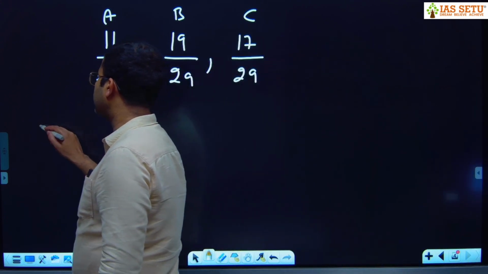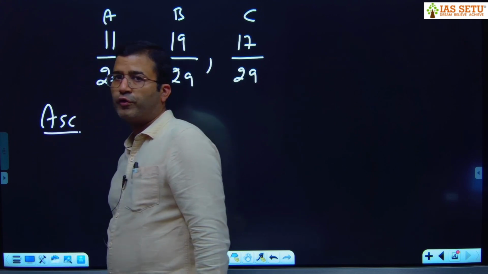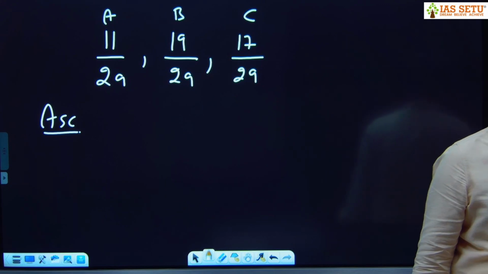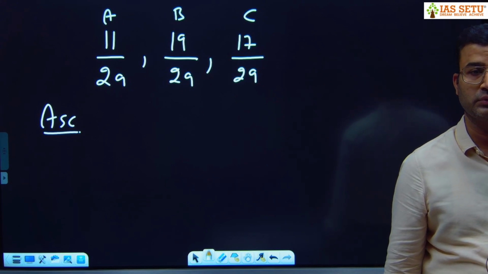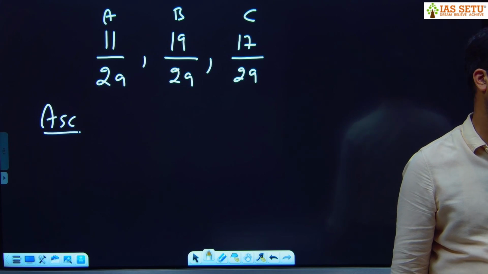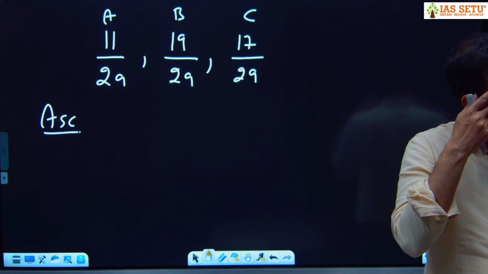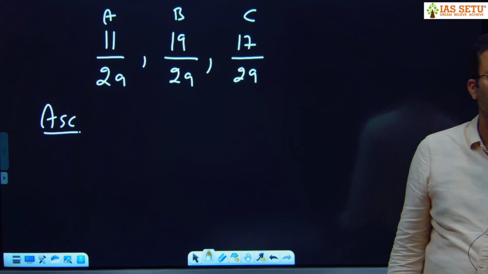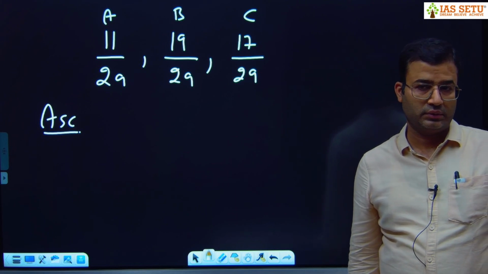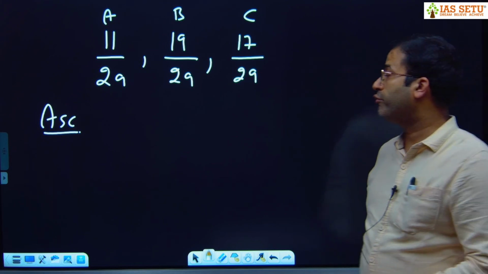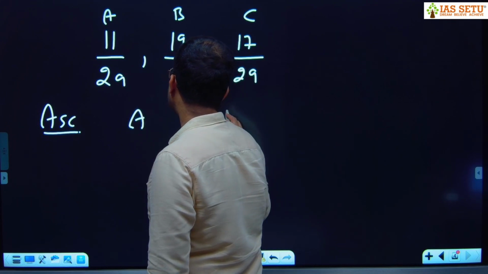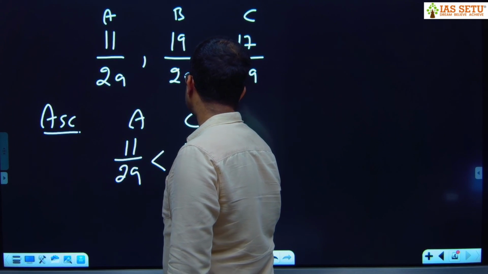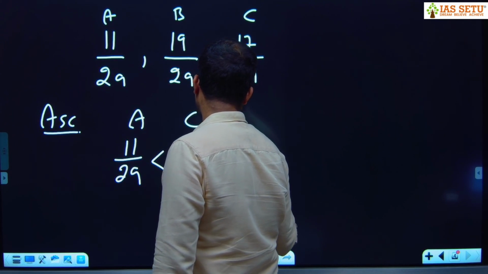Now arrange in ascending order from smallest to largest: A, then C, then B. This is 11 upon 29, then 17 upon 29, 19 upon 29.